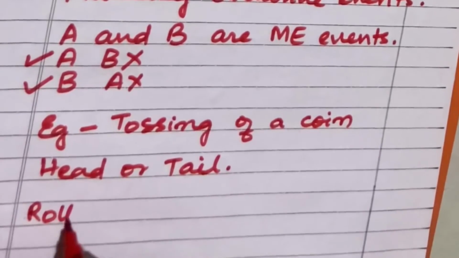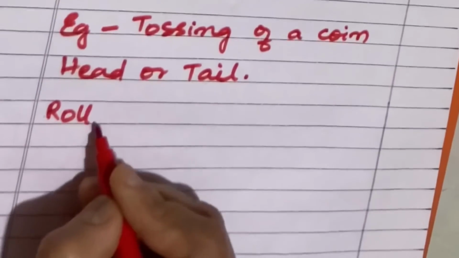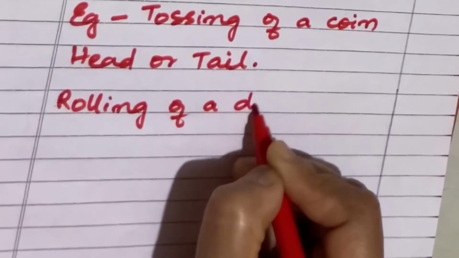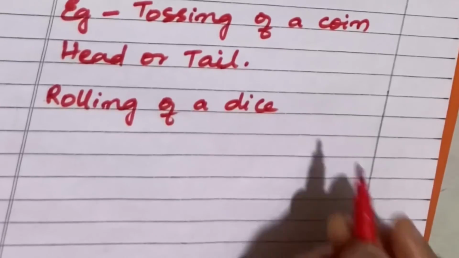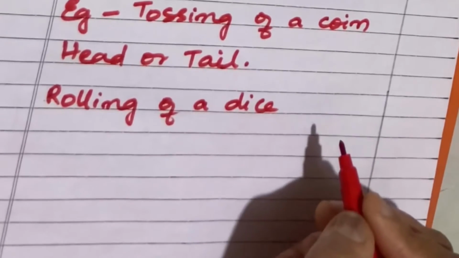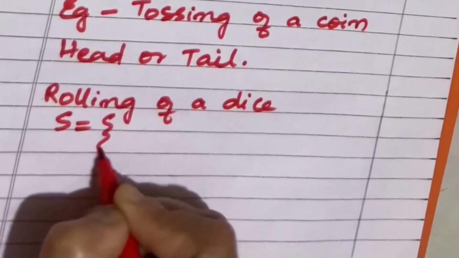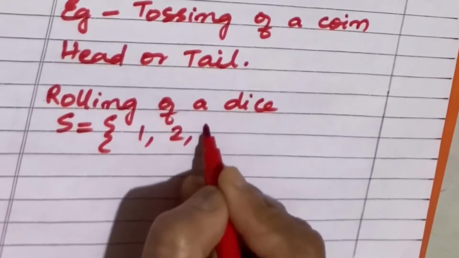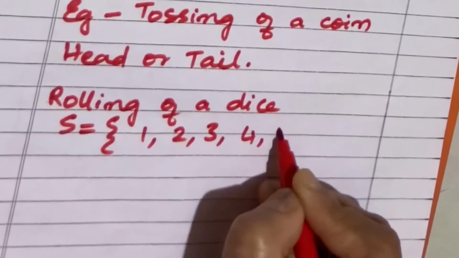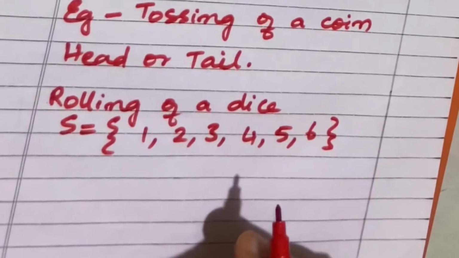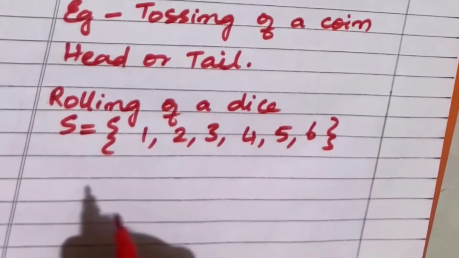Rolling of a dice. You can get one number at a time. You can either get 1 or 2 or 3 or 4 or 5 or 6, but you can never get two numbers at the same time.